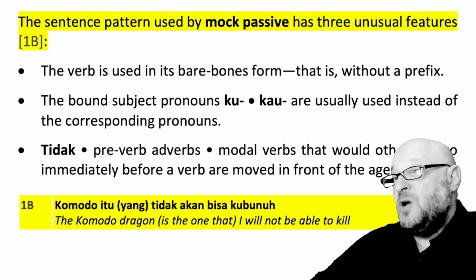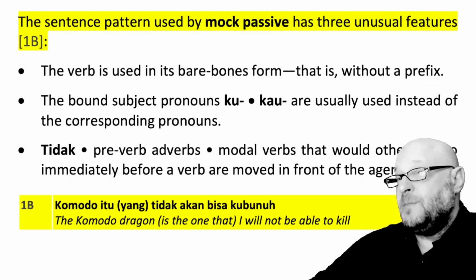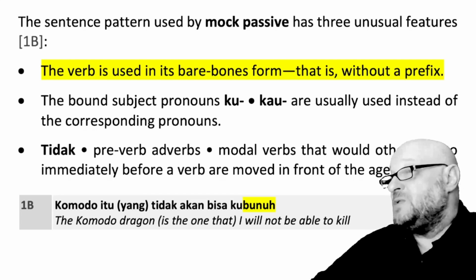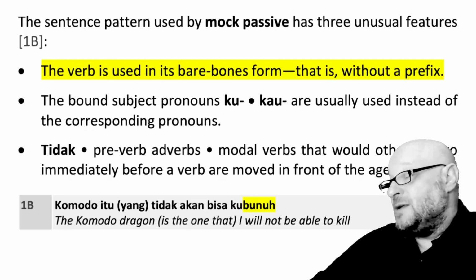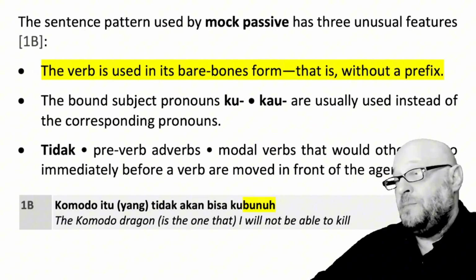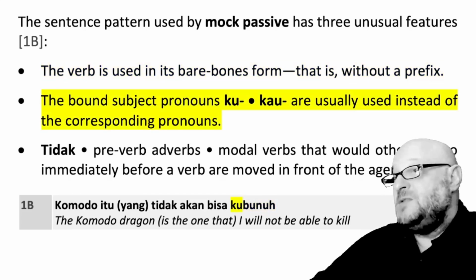Example 1b, Komodo itu tidak akan bisa kubunuh. The Komodo dragon is the one that I will not be able to kill. Feature 1, the verb is used in its bare bones form, that is, without a prefix. Bunuh, not membunuh. Feature 2, the bound subject pronouns ku, kau are usually used instead of the corresponding pronouns.